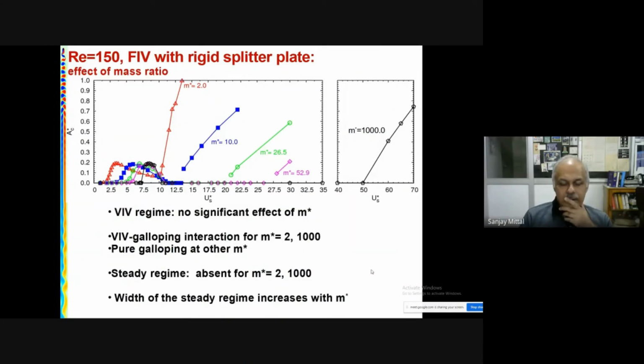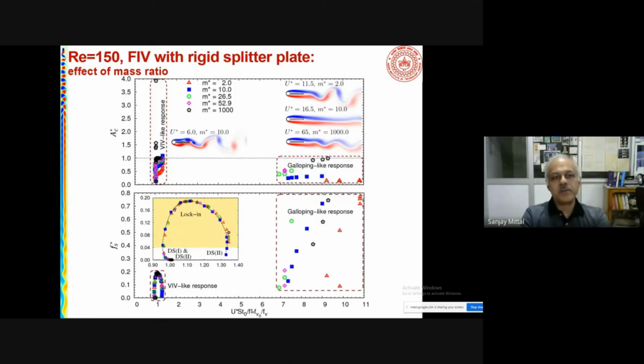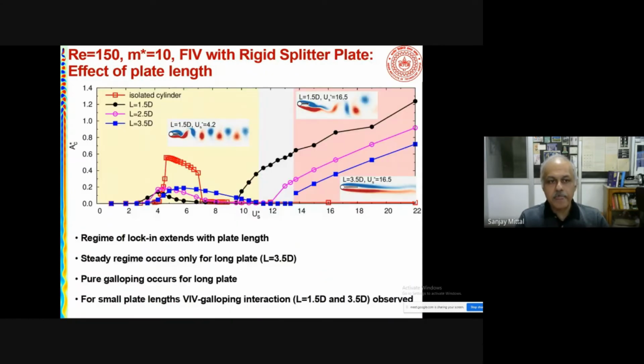Okay, so again we did some collapse of these response in terms of non-dimensional numbers, but I will not bore you with that. We also did what is the effect of plate length, and that doesn't help too much either.